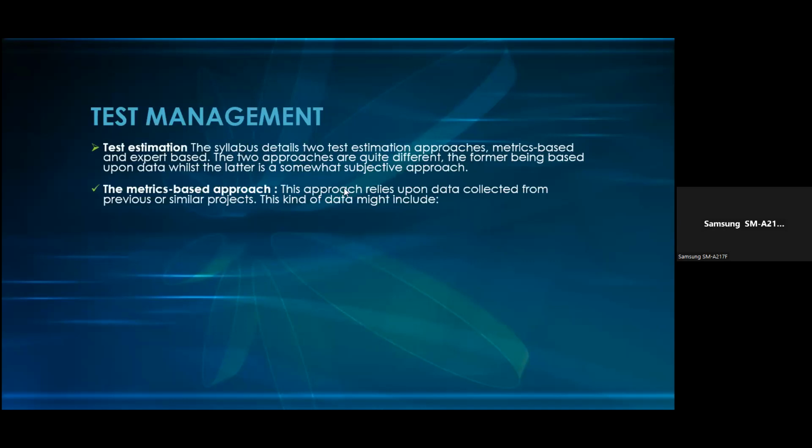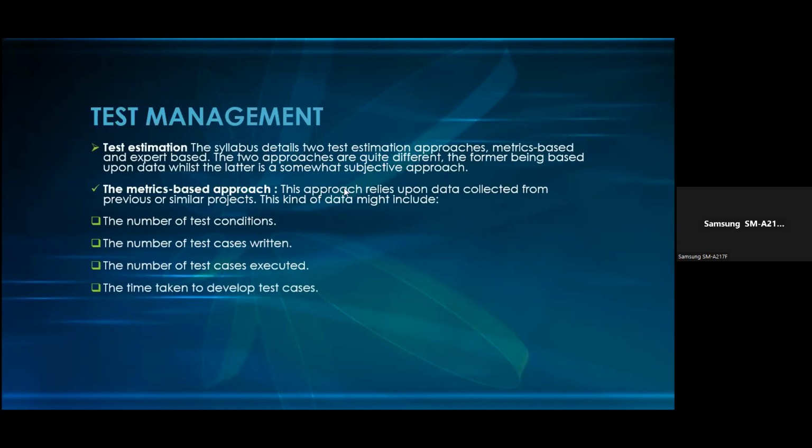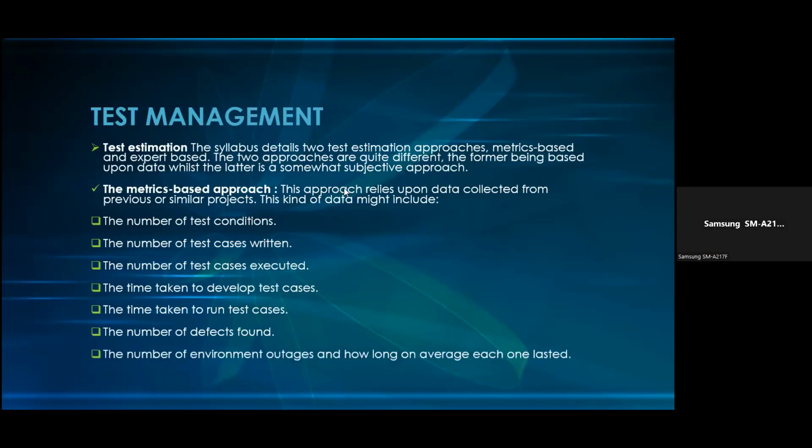This kind of data may include the number of test conditions you've written, the number of test cases you've written, the number of test cases executed, the time taken to develop the test cases, the time taken to run the test cases, the number of defects found, and then the number of environment outages and how long on average each one lasted, maybe performance testing. All these are the key things when it comes to metric-based.